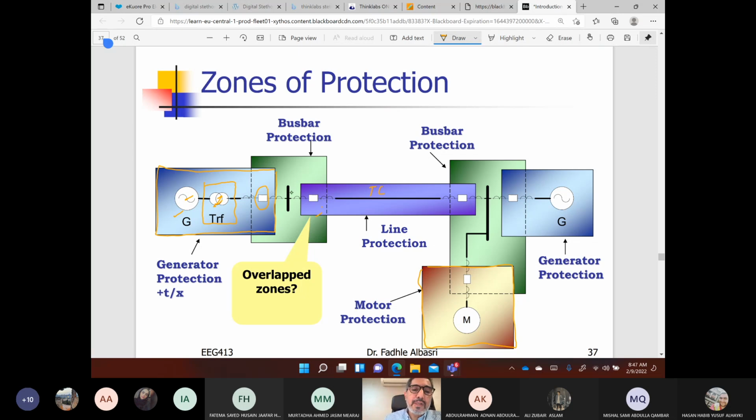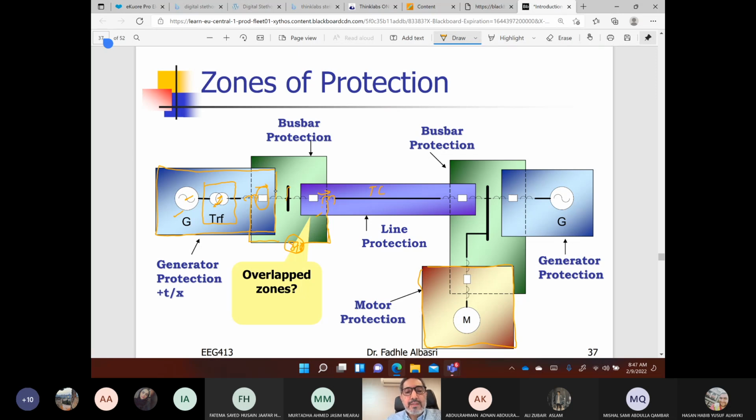Now for the protection, if I want to protect this bus bar, I'll use this CT and this CT here, and this will go to the relay, differential relay 87B, which compares the current leaving the bus bar and the current entering the bus bar.